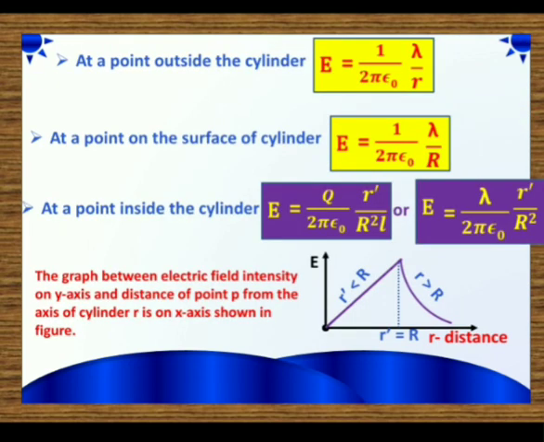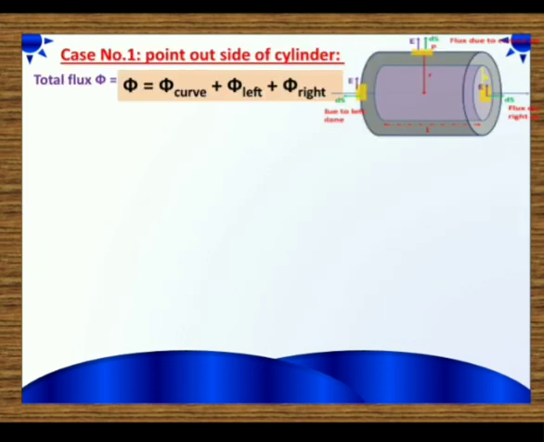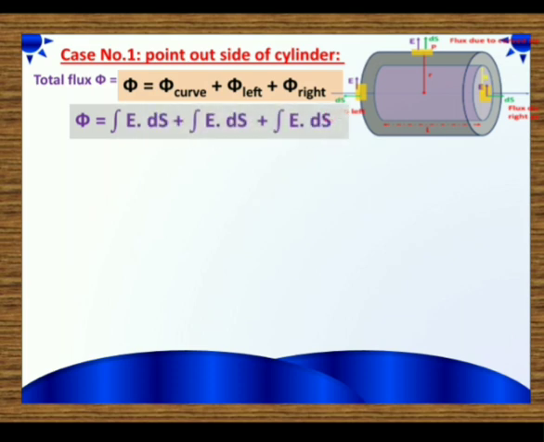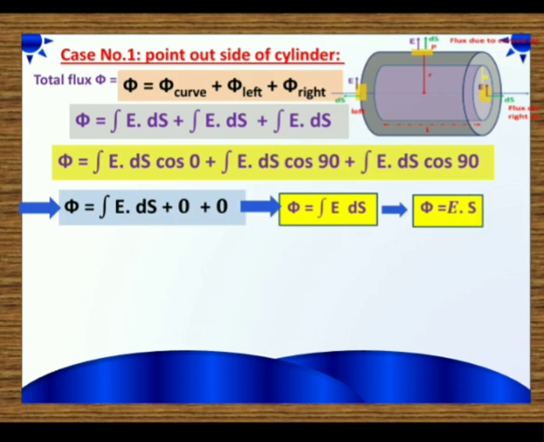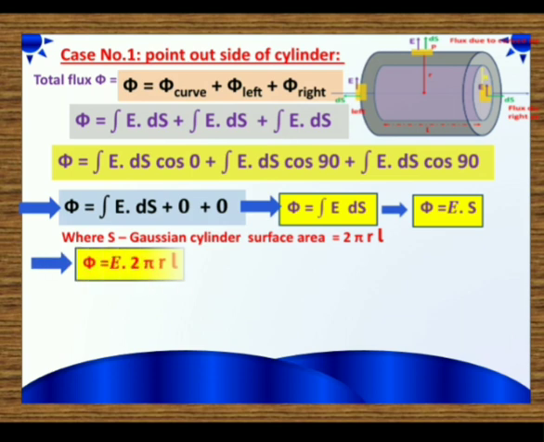Now see here, same derivation I am doing. Case number 1, if my point lies outside, I have to draw a Gaussian curved surface, with left and right hand sides. Now I get phi is equal to E S. I have to use Gauss law, what is Gauss law? q by epsilon naught.